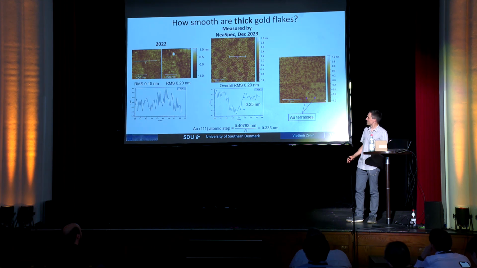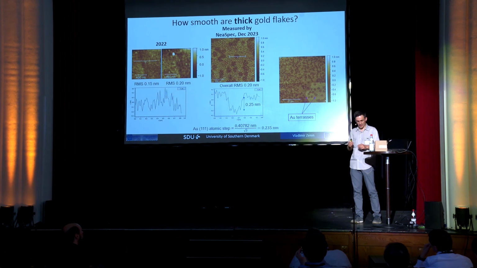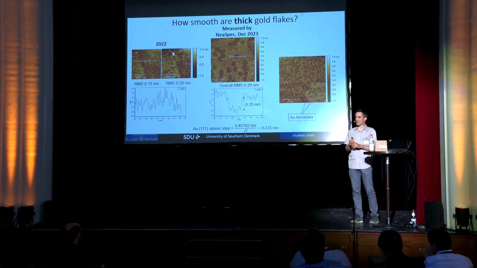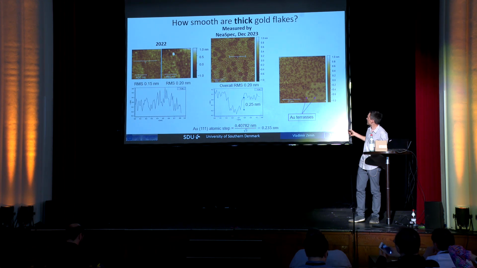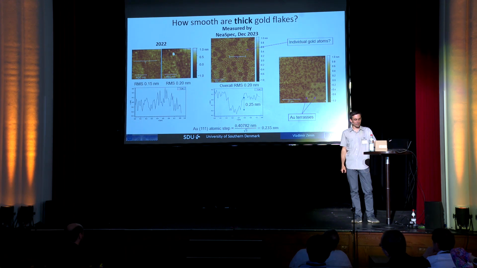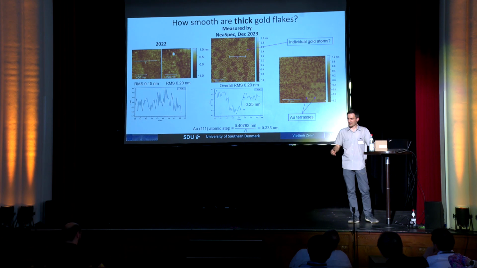And there, it was really nice to see that there are some dips. You can see some darker brown spots there. And if you take a profile, the depth is around 0.25 nanometers. That's exactly the same size as an atomic step for gold. And then you can even see bright terraces, which go a bit one level up. So then we also believed that there are some small grains. We believed that it was some gold atoms, but it's not.